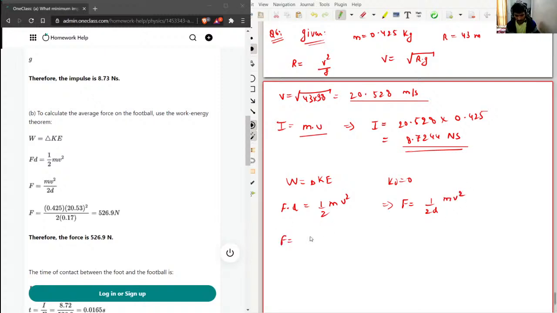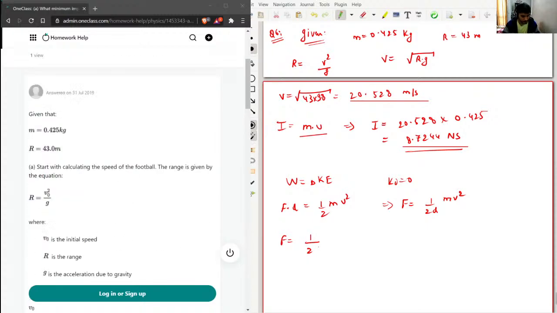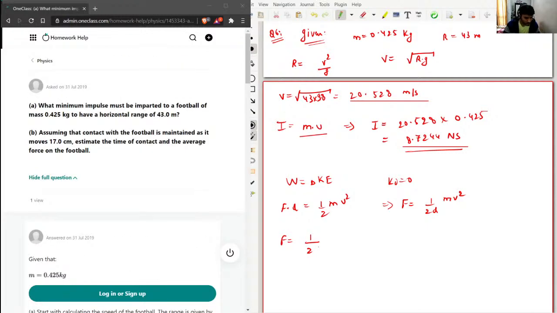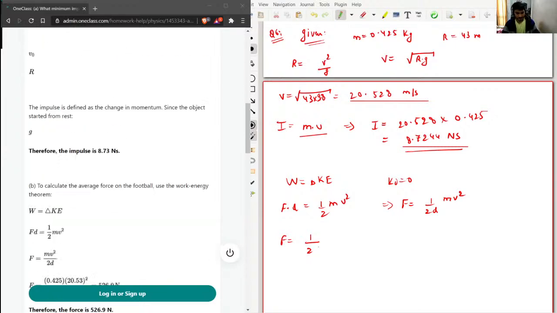I'll just keep all the values. So what was d? d was given 17.0 centimeter.